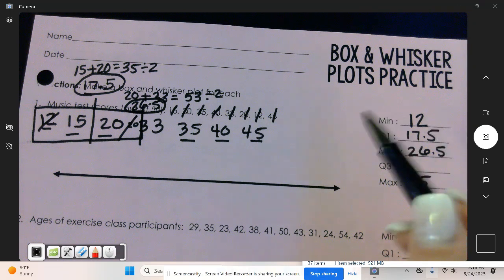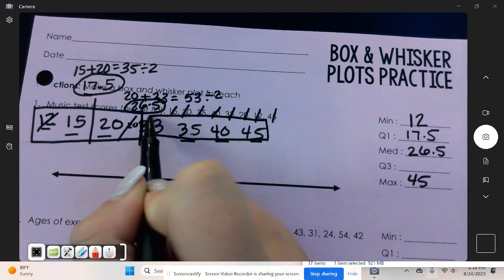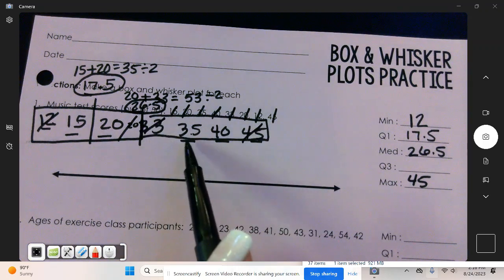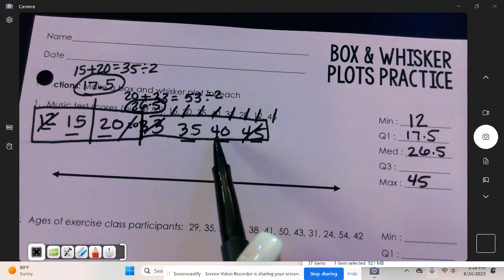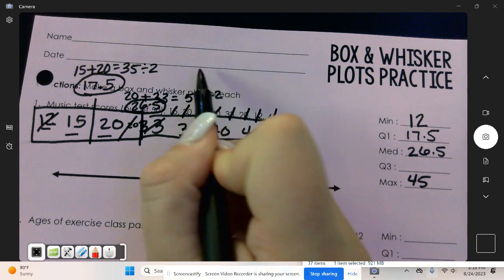We're going to do the same thing to the other half. Back and forth. We have two numbers in the middle. So we got to add and divide.